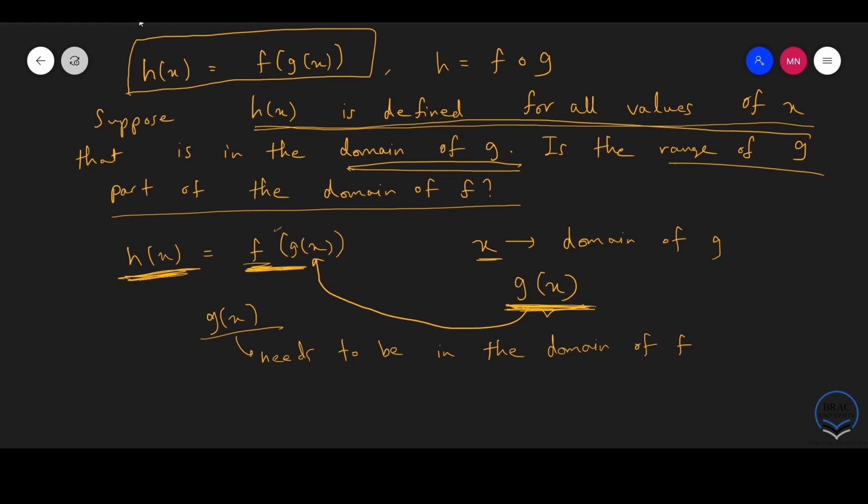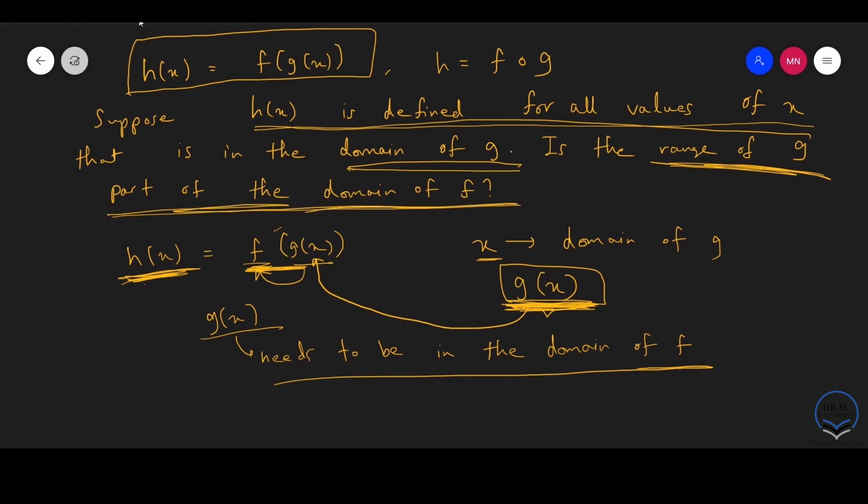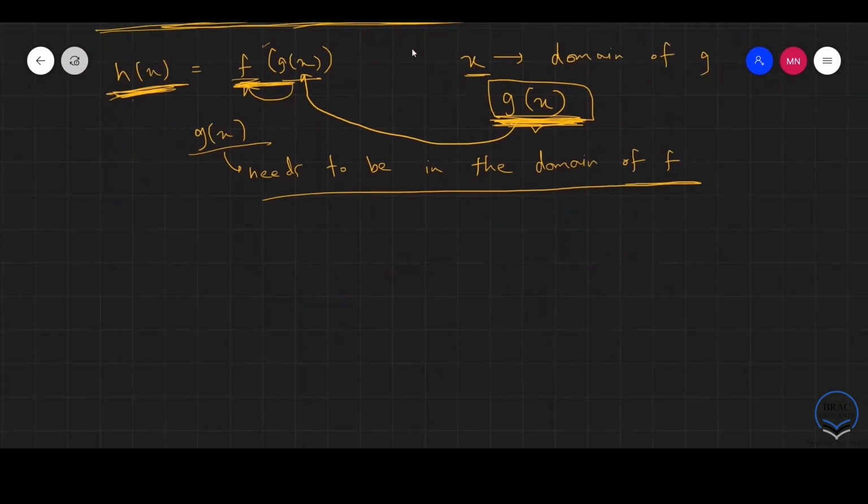And since we know that g of x is just a range of our function g, and we know that g of x is now in the domain of f, in order for h of x to be defined, then the range of g is going to be in the domain of f, meaning the range of our function g is definitely a part of the domain of f, right?